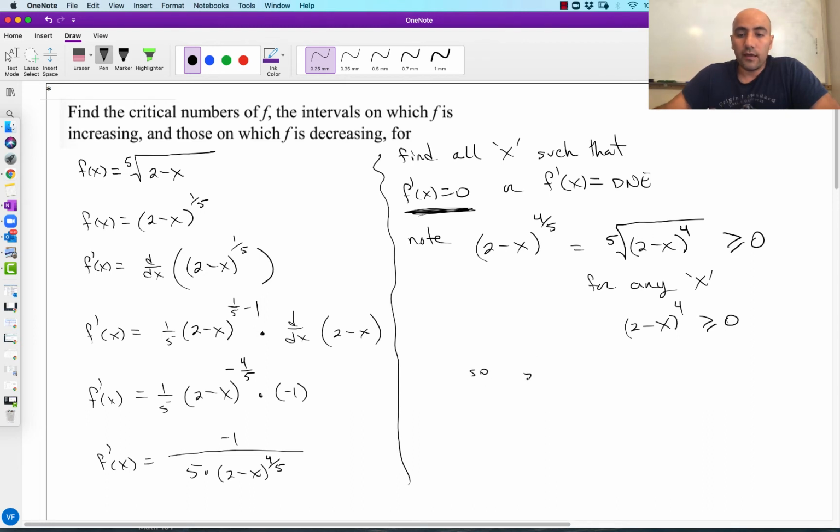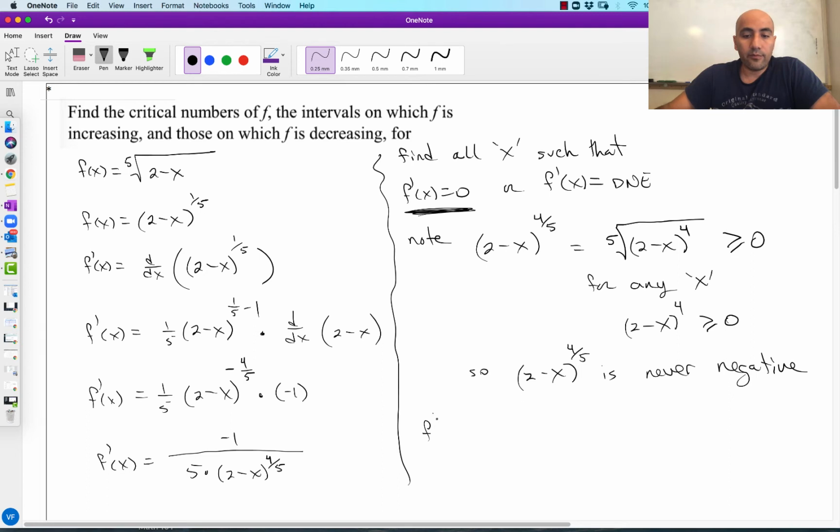So 2 minus x to the power of 4/5 is never negative. So if the denominator is never negative and the numerator is -1, that means that f prime of x is negative for almost all values. The only possible exception is when the denominator is 0.